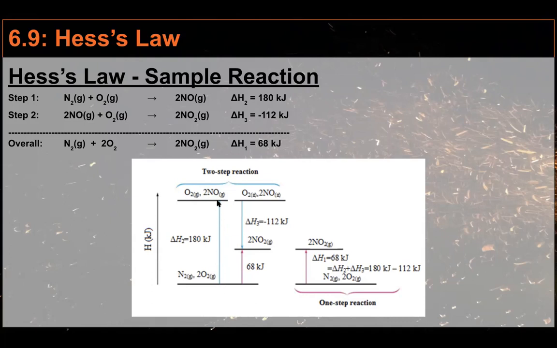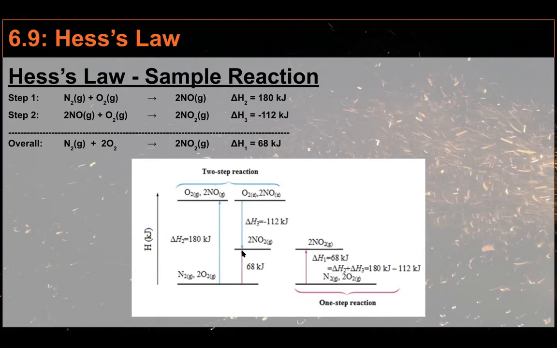So that's going to give us an arrow up. Delta H3, negative 112 kilojoules. Well, that's going to bring us back down because it's negative, so we go down. However, this number is not as big as this, so we're not going all the way back down to where we were before.